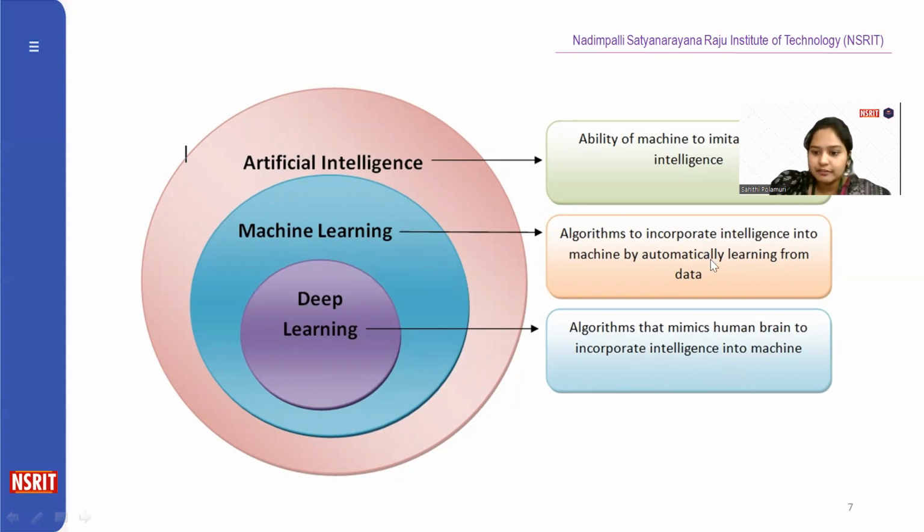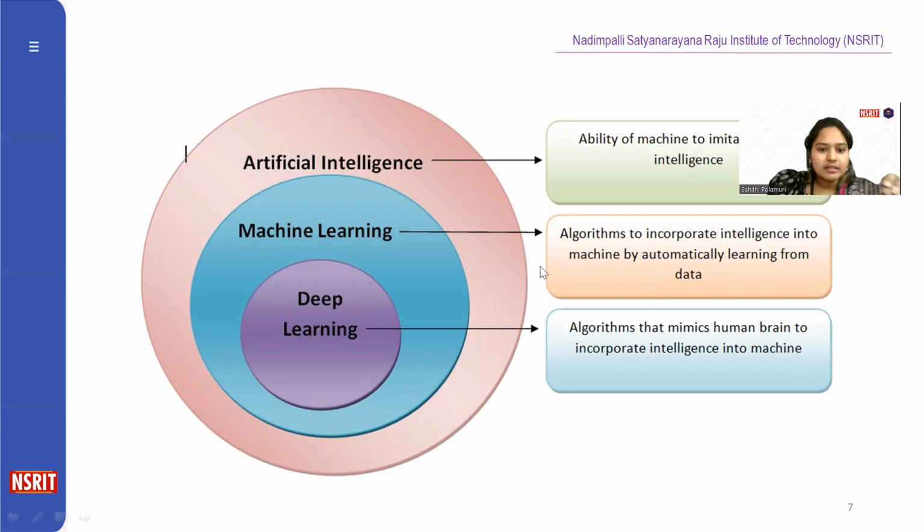So what are artificial neural networks? They mimic a human brain to solve complex data driven problems.